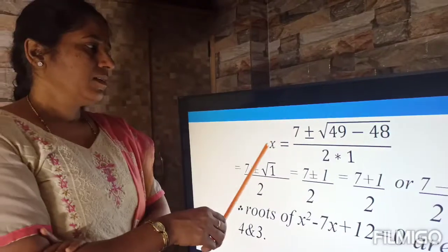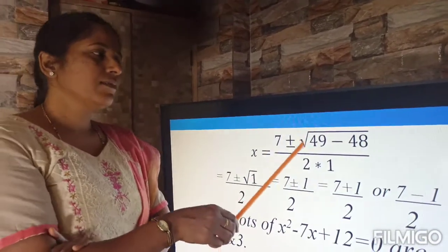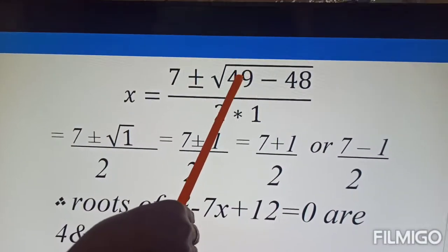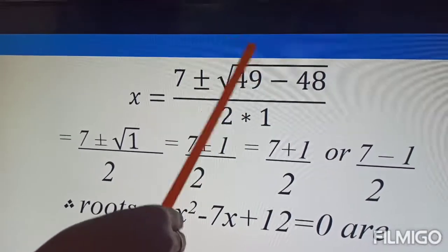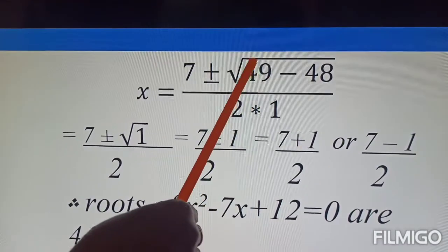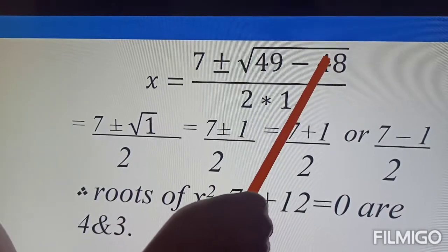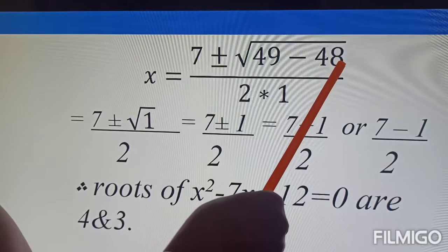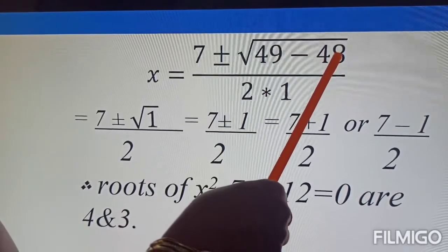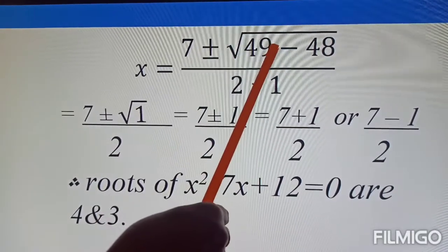Okay. X is equal to 7 will be as it is, plus or minus as it is. Then inside the root, we have to simplify. 7 square is 49. Minus 7 squared becomes plus, and 7 square is 49. Then this product became 48. Then 49 minus 48, it will be 1.